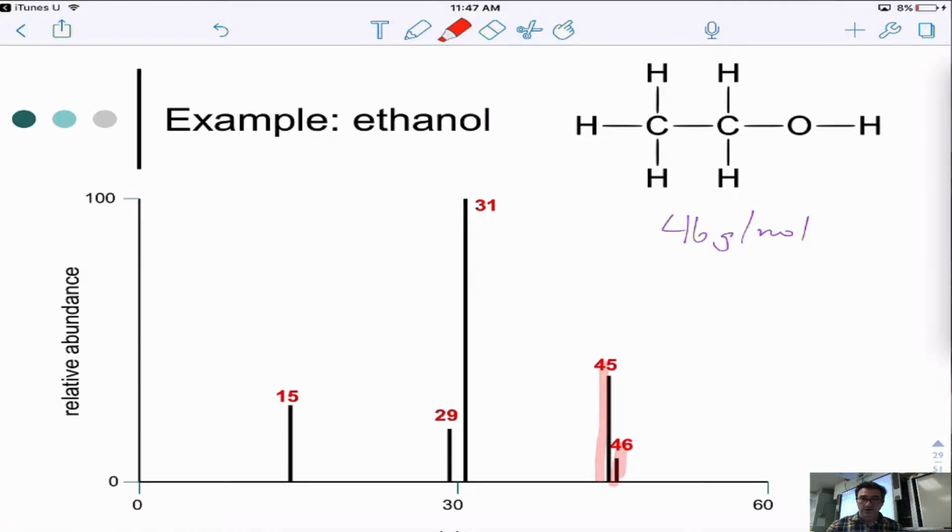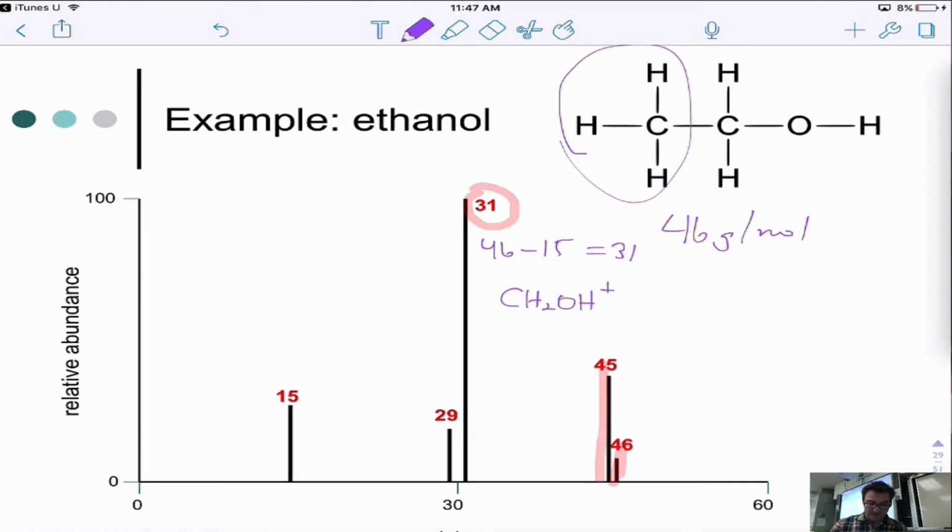Now we're going to also have a peak where we lost other particles as well, like for example, the methyl group. So this 31 right here is equal to 46 minus 15. That gives us 31. Well, where could 15 come from? It would be if we lost this methyl group. This fragment would correspond to CH2OH+.